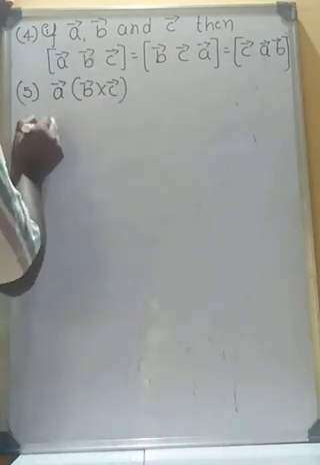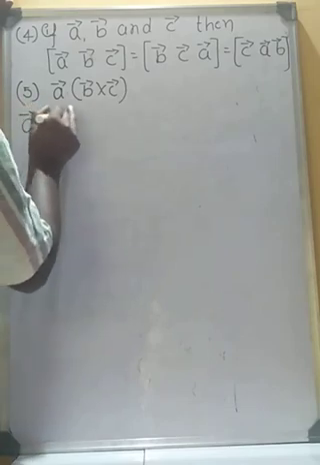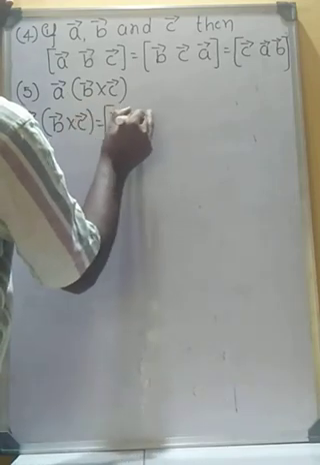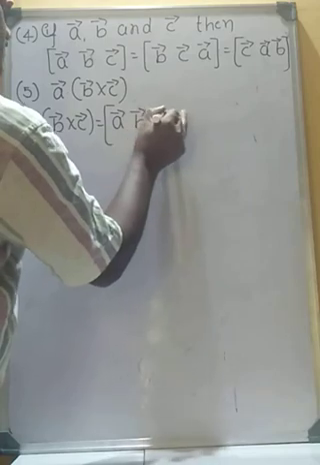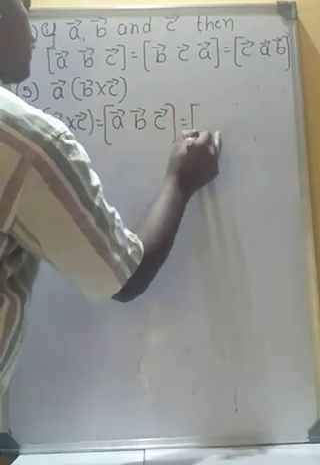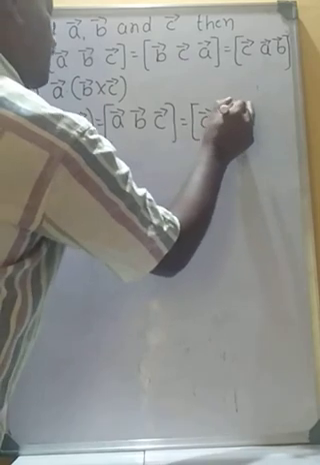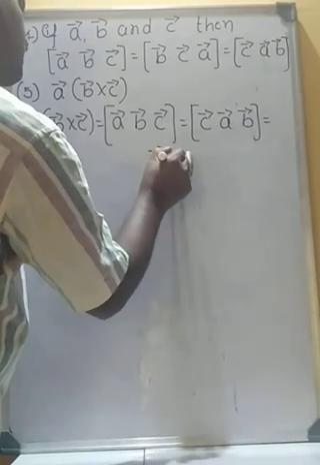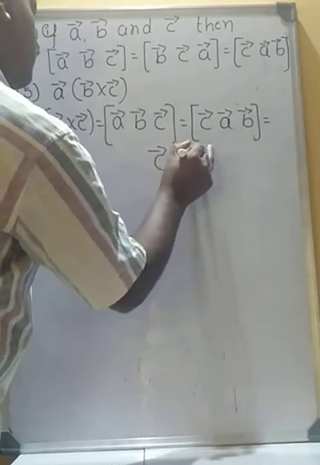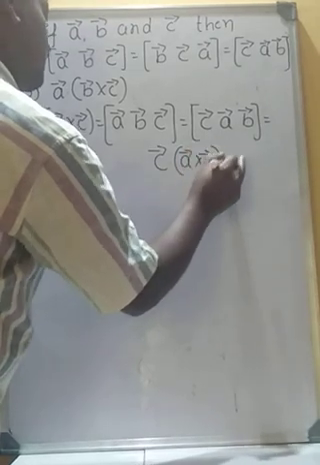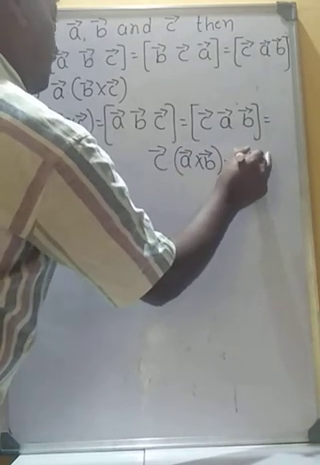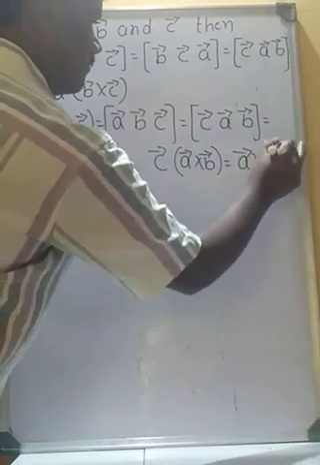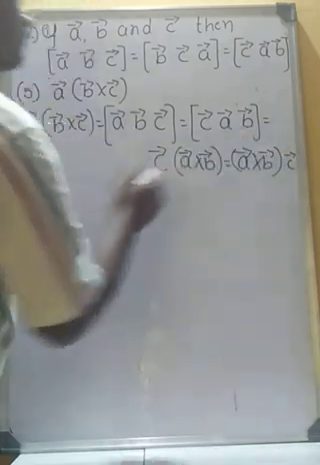That is, vector A dot of vector B cross C is equal to the box product of vectors B, C, A, which equals vectors C, A, B, and is also equal to C dot of A cross B, which equals A cross B dot C.